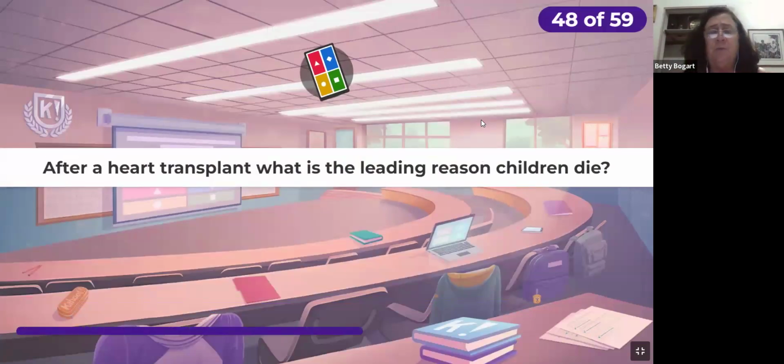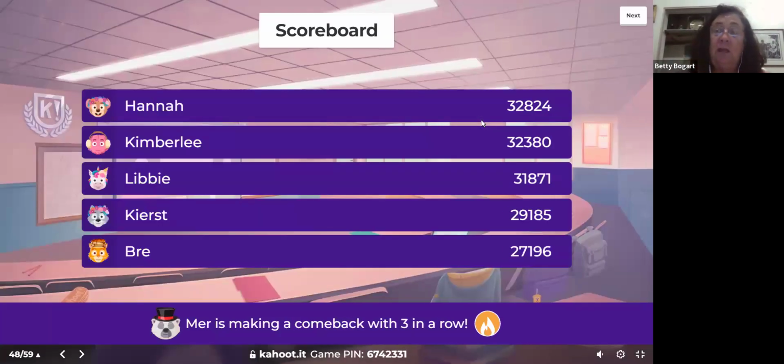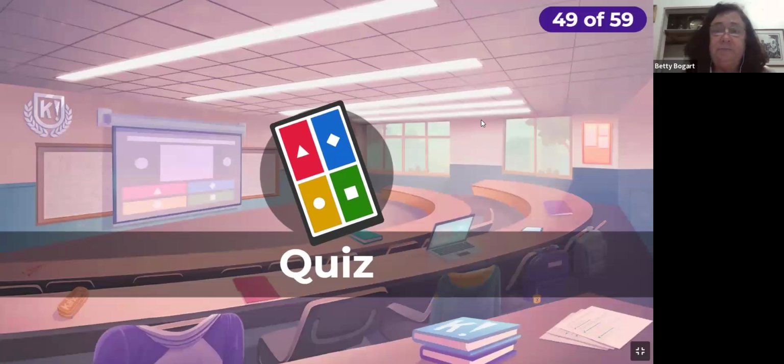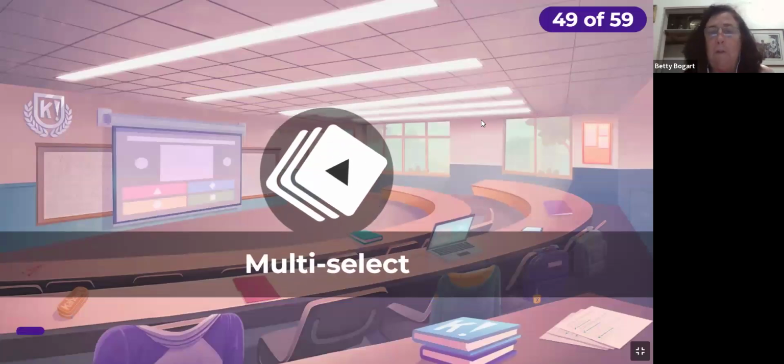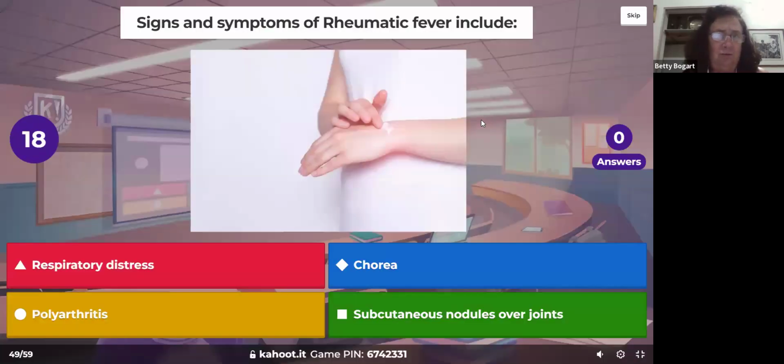After a heart transplant, what is the leading reason children die? And that is rejection. Signs and symptoms of rheumatic fever include... Remember, rheumatic fever is due to a strep infection that wasn't treated properly.